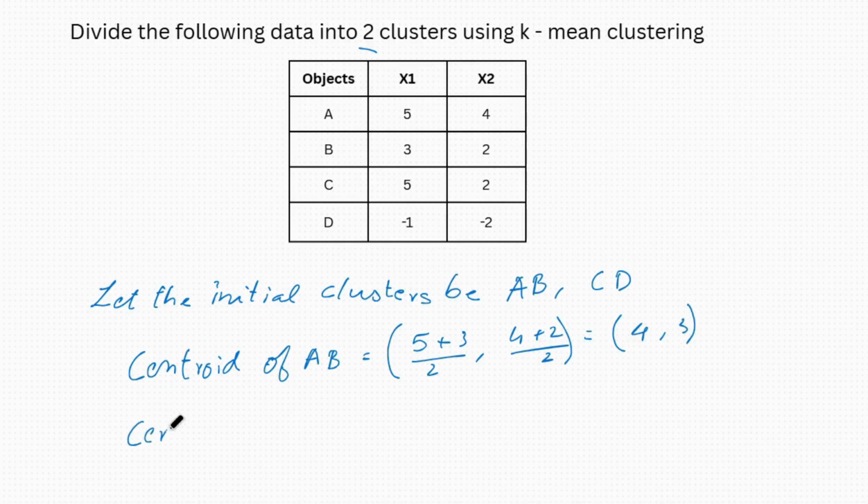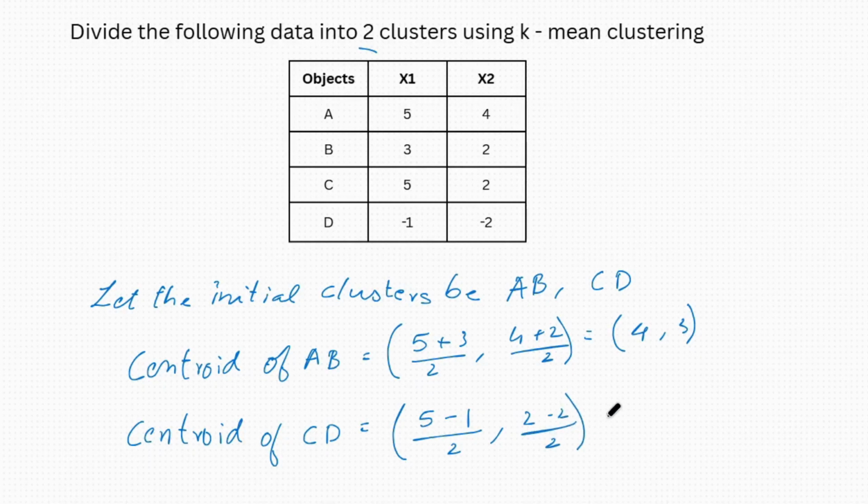And now centroid of CD is equal to (5 minus 1) by 2, (2 minus 2) by 2, which is equal to 2, 0. We got centroid of AB and centroid of CD.